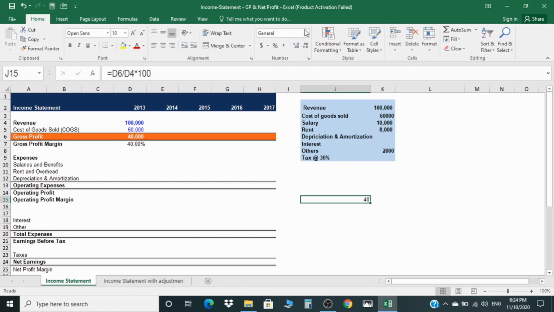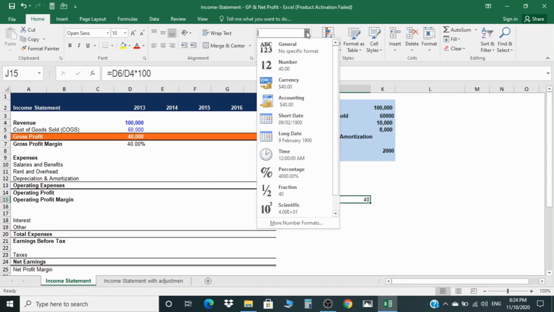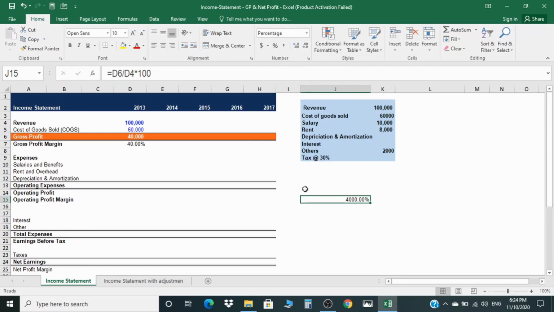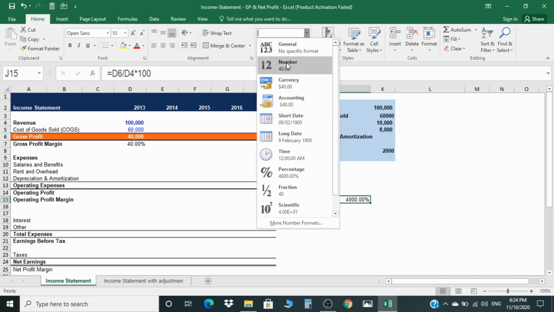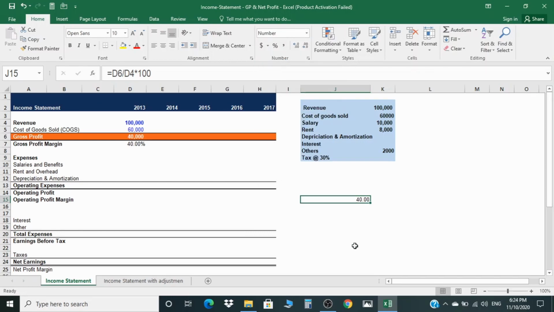If you go to percentage, it will calculate something else, right? So that means that's 40%. Okay, because I already put 100 over there, right? So if you go to percentage here, you don't need to multiply by 100.